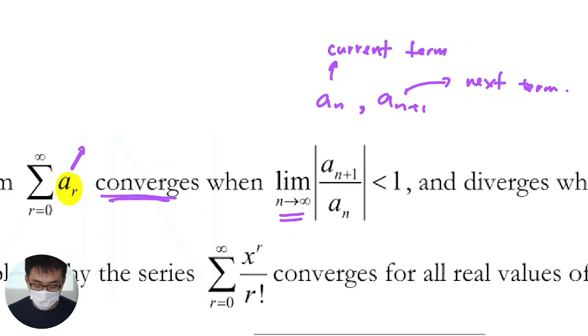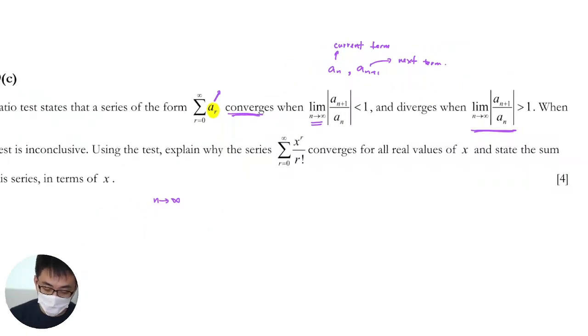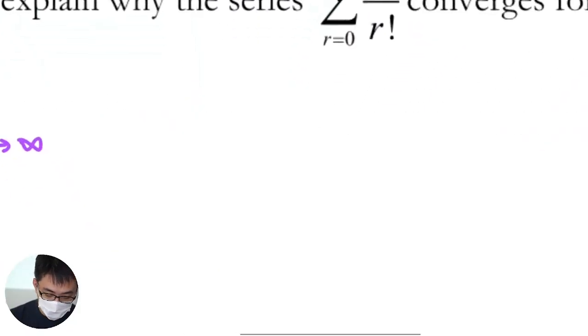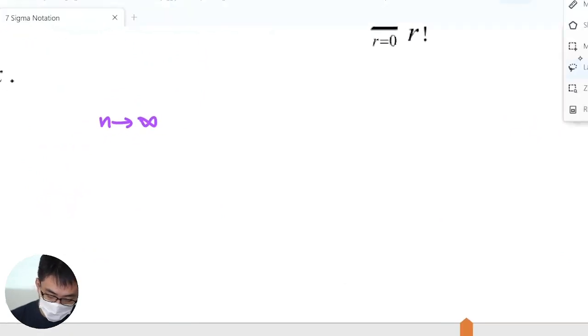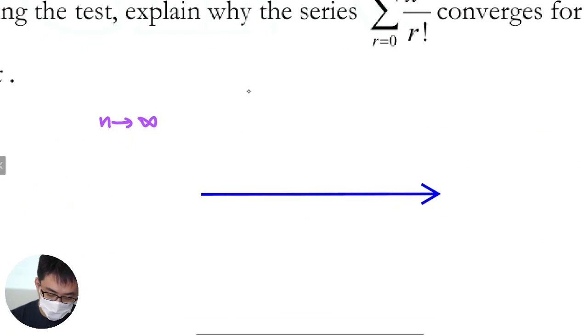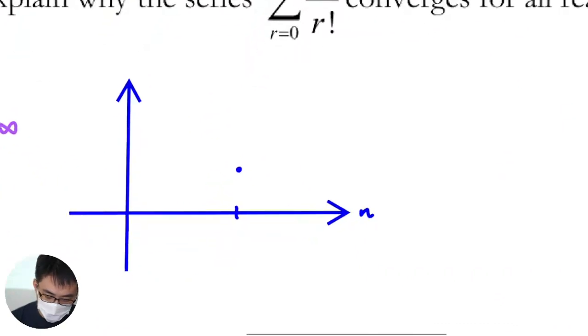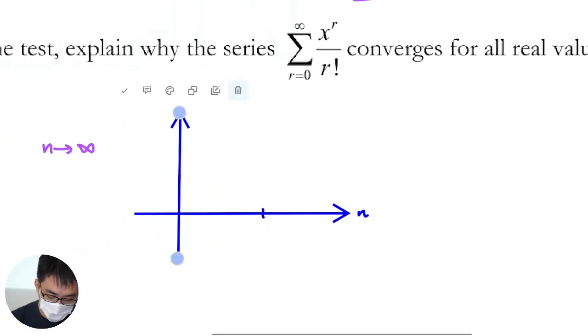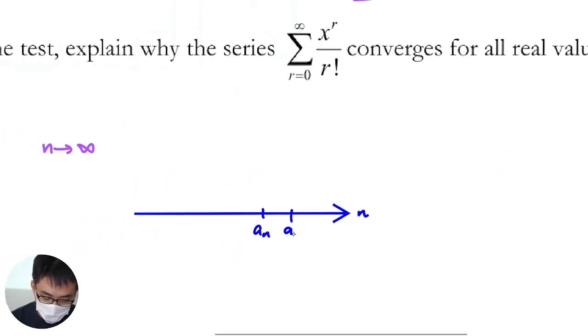Now what it says is this. As n goes to infinity, let's see, if you draw this number line here, N. So let's say n goes to infinity. This will be a_n. Okay, maybe I'll just mark a_n and a_(n+1).